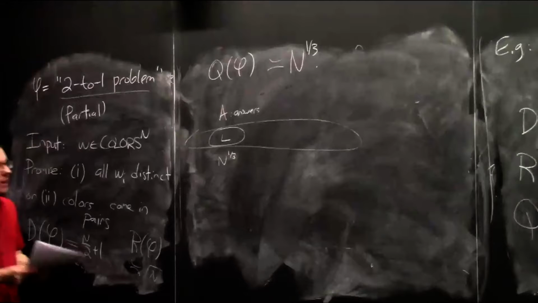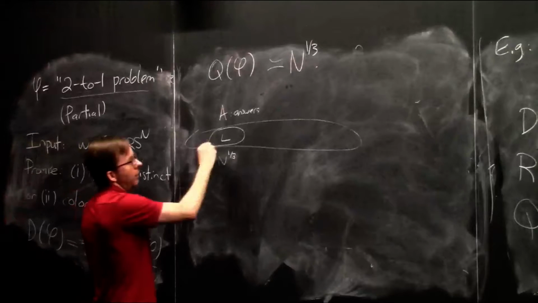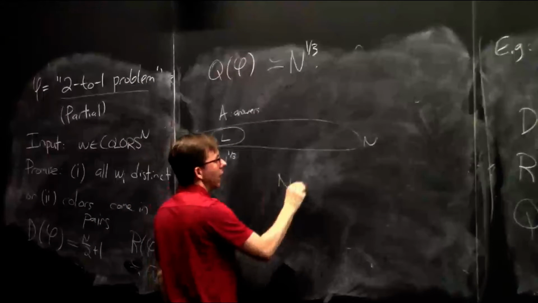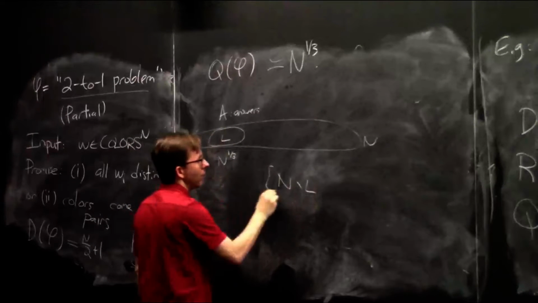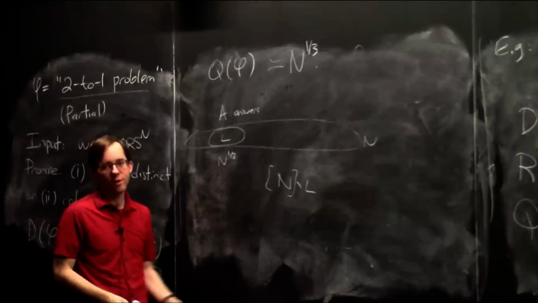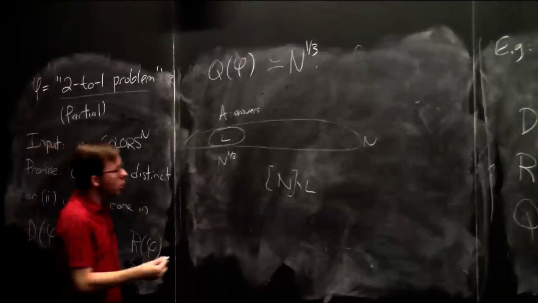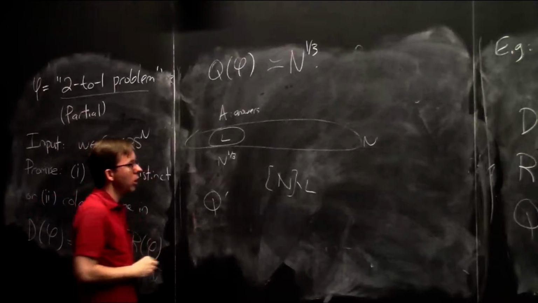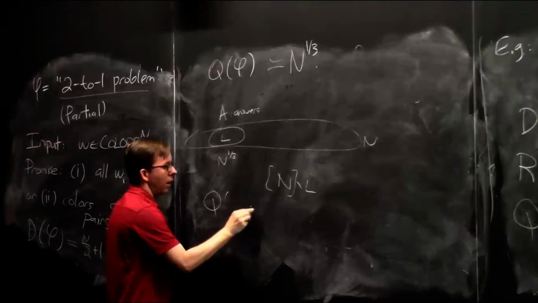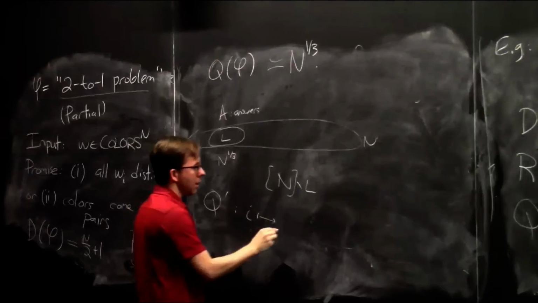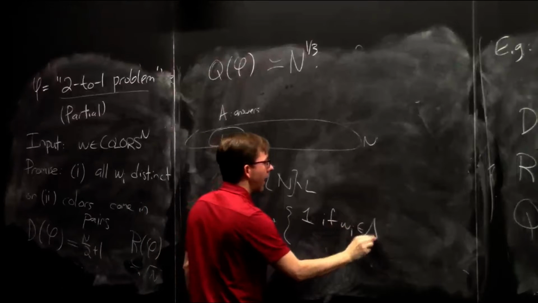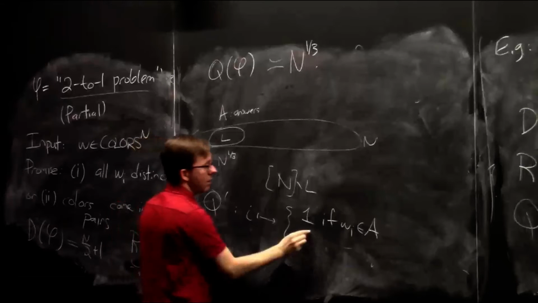Good. So now, you kind of ignore these positions that you know the answers to. And you have the remaining coordinates, taking away L. It's basically still around capital N positions, because L is very small compared to N. But now you build a new oracle. We'll call it Q prime, which, when given i, outputs 1 if Wi is in this set A of colors you've seen, 0 otherwise.